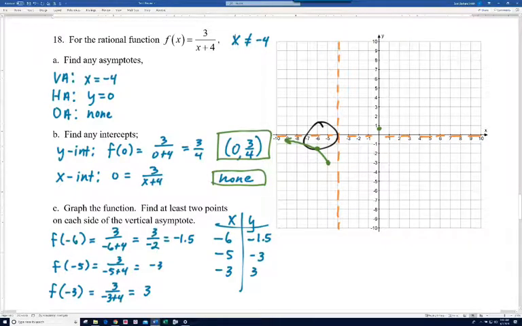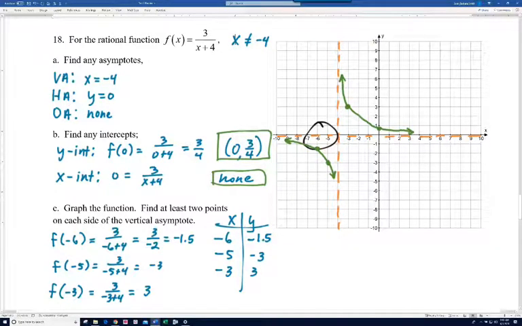So we have nowhere to go but closer and closer to this vertical asymptote. And then on the other side, we have -3, 3. So you can see, again, going to the right we're going to approach the horizontal, I said that wrong, the vertical asymptote. And then as you go back to the left, again, you can't cross that vertical asymptote. And so it's going to look like that.